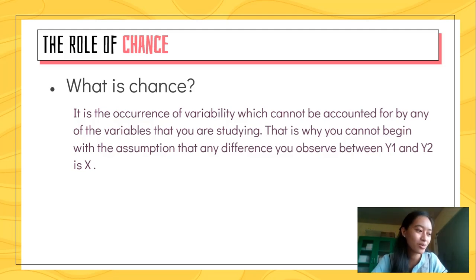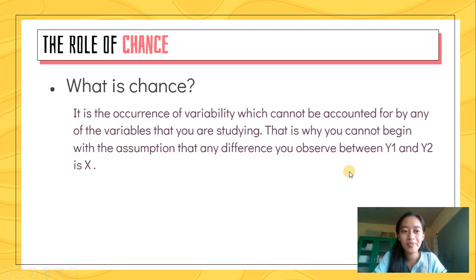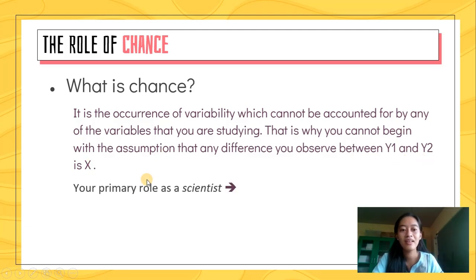No matter how small, there's always a chance that things could be this and that. So in doing our research, we cannot begin with the assumption that the differences that we observe between two things are caused by, for example, X. For example, that the differences between the scores of girls and boys are just due to gender. We cannot assume that.